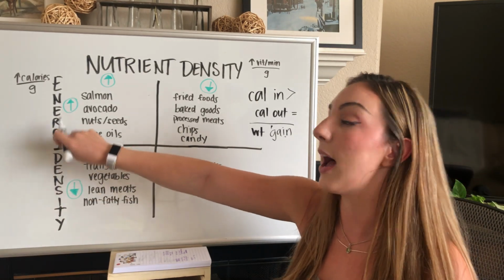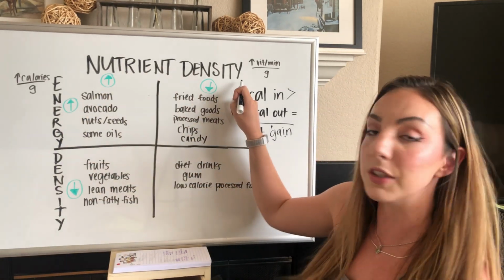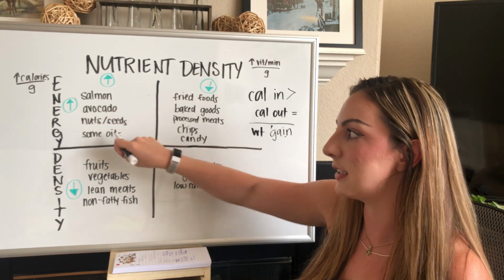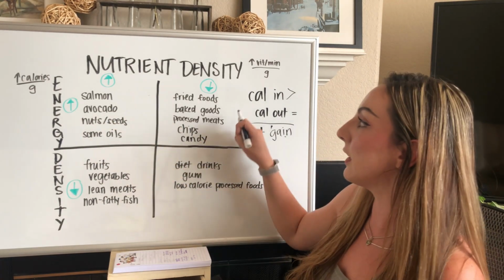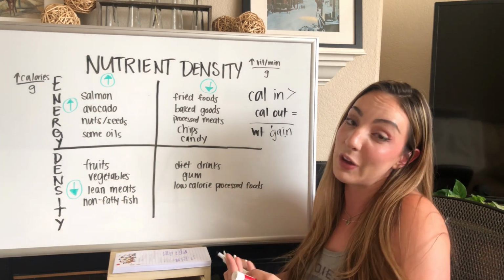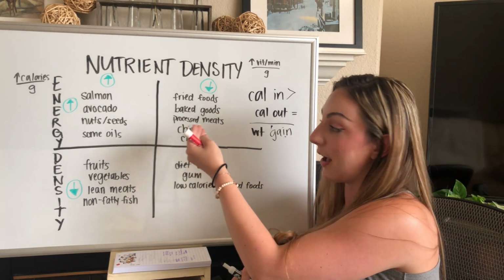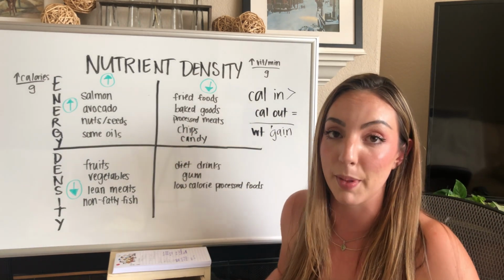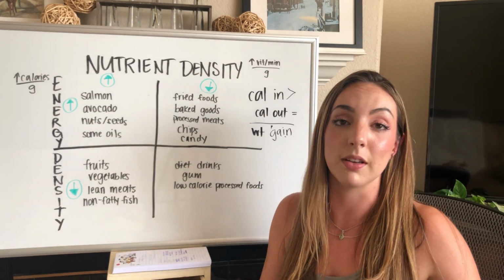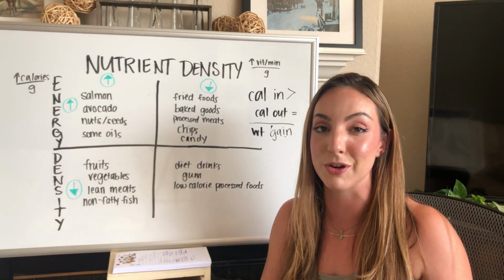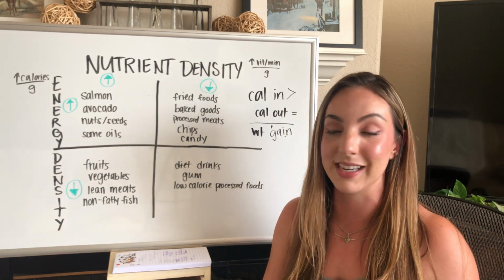We want things that are higher in calories, but also are healthy for us, right? Like high-fat fish, avocados, nuts and seeds, oils, etc. And of course, if you want to, you can focus mostly on this part of the table with fried foods and blah, blah, blah, but we know that that will not likely be very healthy, right? We're still trying to achieve all of the micronutrients that we need in our day-to-day lives.